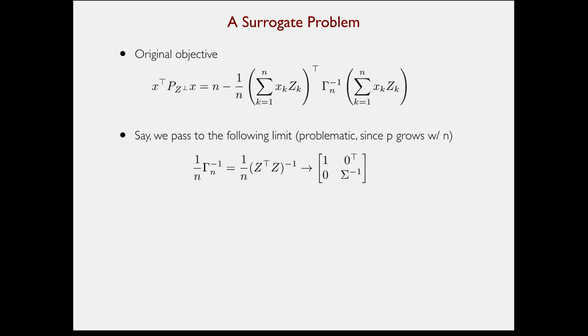We can't do that. The second issue is that in replacing this quantity by some other quantity, we'll have to worry about how smooth the control is, the optimal solution with respect to this objective. It's a bit delicate, but we'll get to that when we do. So first step, take this empirical precision matrix and replace it by its limit.